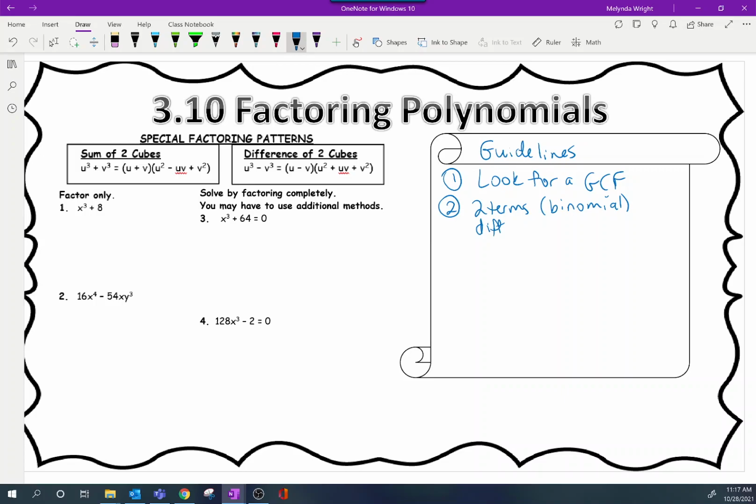But we also have an additional technique for binomials, which is the sum and difference of perfect cubes. So we have those factoring patterns now as well. We'll do some examples on the sum and difference of perfect cubes to explain that.